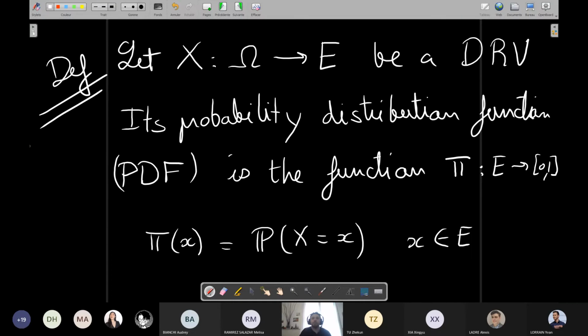Again, if we consider the dice, where's my pen? It's here. If we consider the dice again, you have X that goes from omega to {1, 2, 3, 4, 5, 6}.